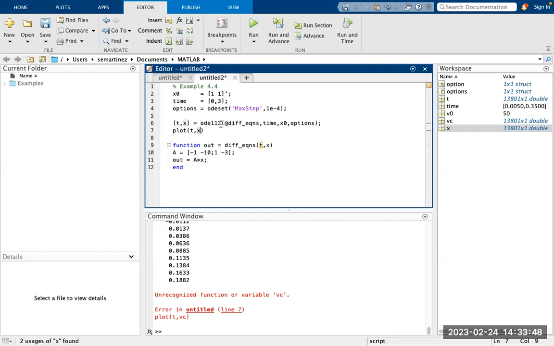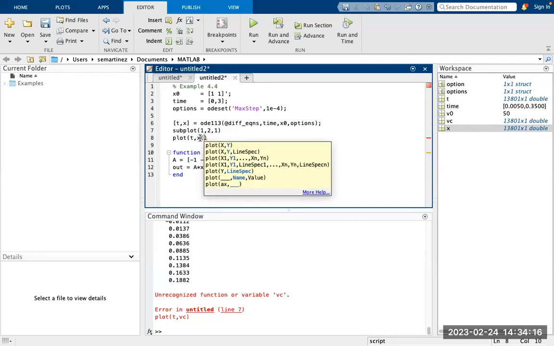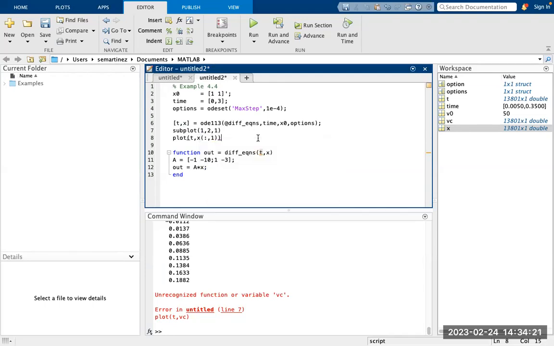And now we have to select which variable we want to plot, right? So this X that is going to be the output of the ODE is going to have two columns, one related to x1 and the other one related to x2. So we have to do some subplot, right? Let's say the first one on the left, we're going to take all the rows and column 1, the first column, which is x1.